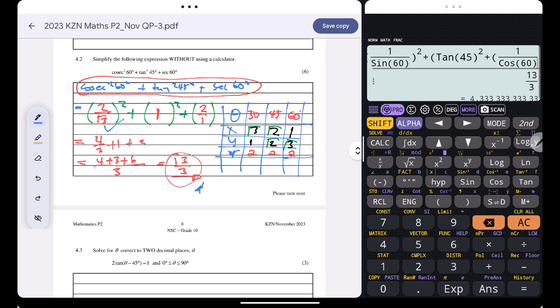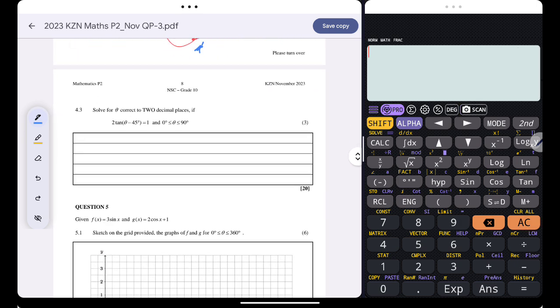Okay, now let's move. I'm supposed to solve for theta in the first quadrant. So since I have this thing there, all I need to do is to divide by 2 both sides.